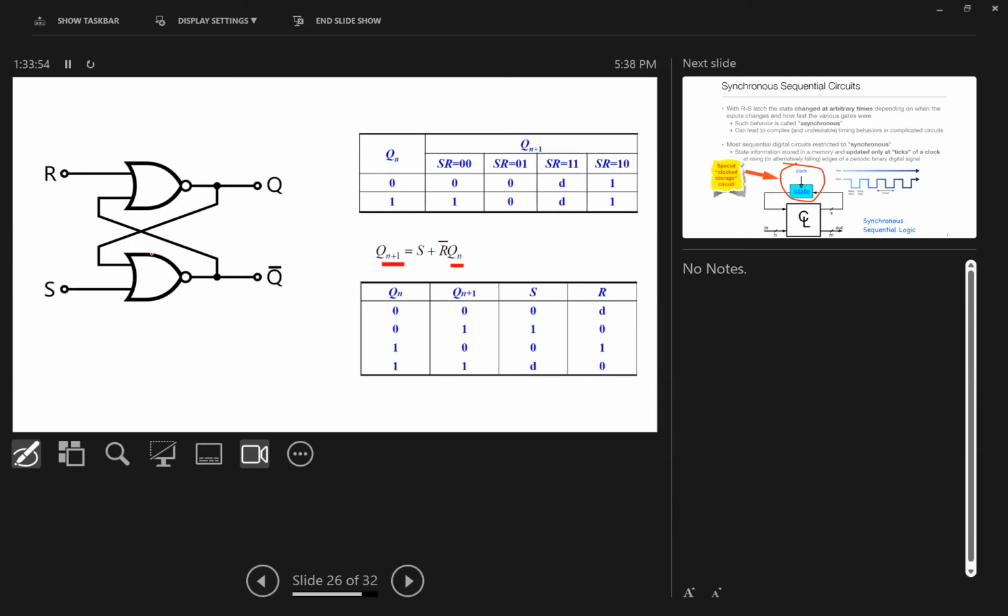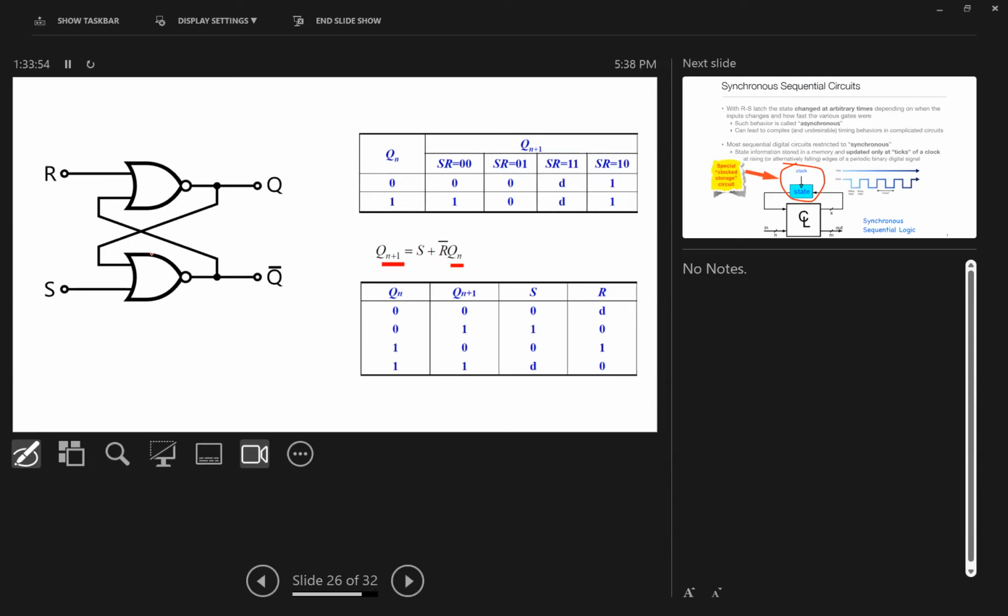And you can understand the function of this circuit by reading the truth tables, or actually reading the Karnaugh map, right? But you have to understand here.